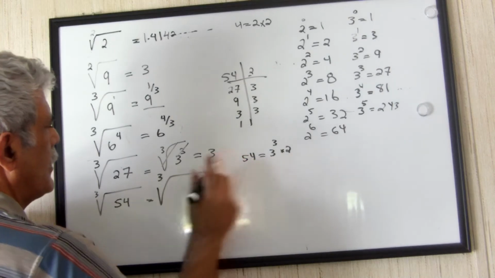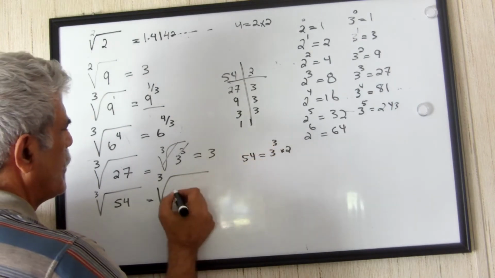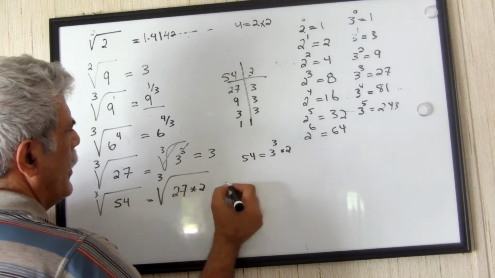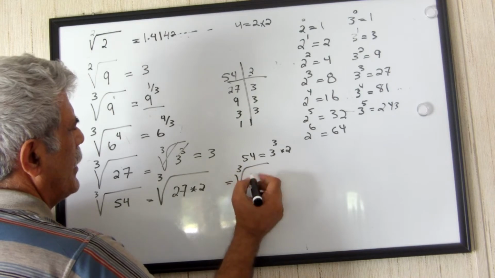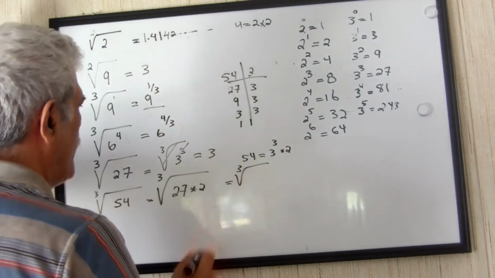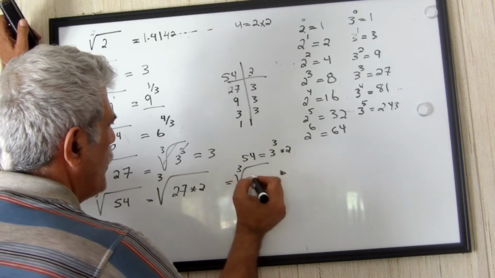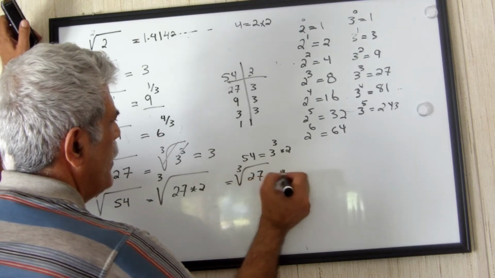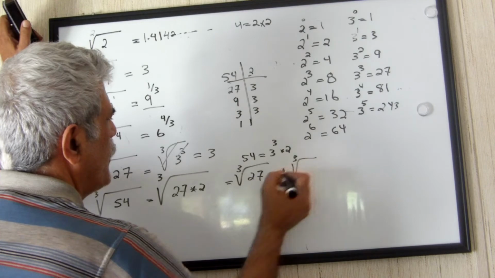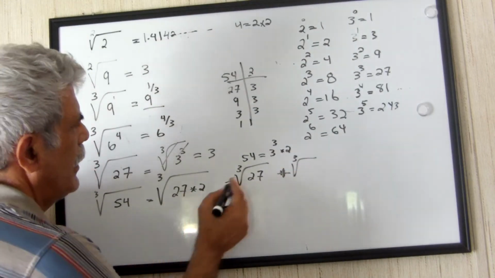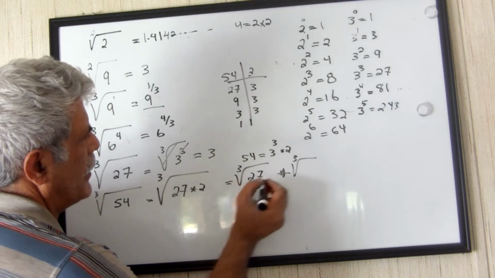This is 3 to the power of 3, which is 27, times 2. So we can write this way, that we can write the cubic root of 27 times the cubic root of 2. Remember one of the properties of the radicals, that we can write this.